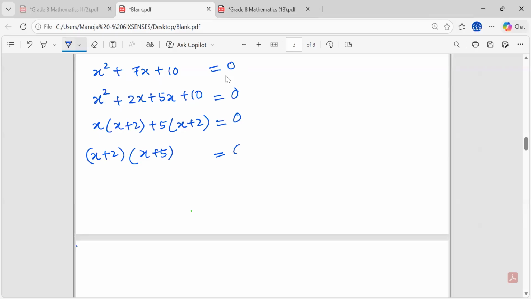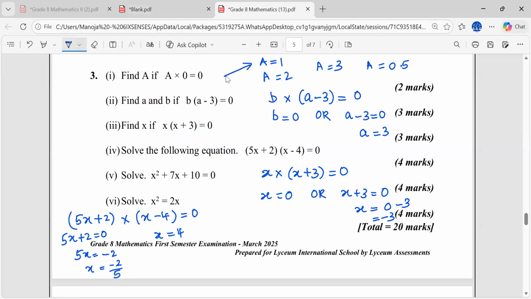Okay. If this is 0, either x plus 2 should be equal to 0, the one bracket, or x plus 5 should be equal to 0. So then x is equal to minus 2 and x is equal to minus 5, right? This is how you want to get the answer.